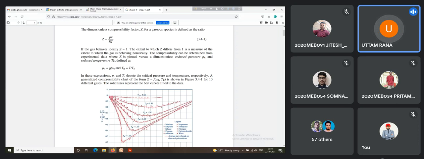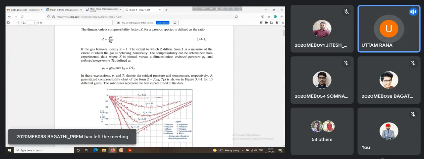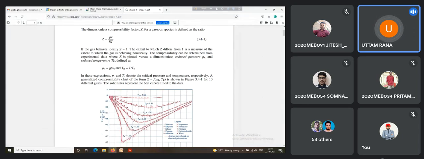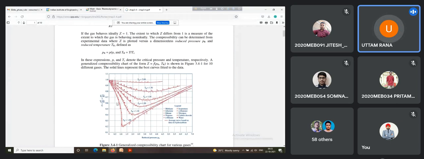Similarly, TC is constant for a particular gas, and if you increase T, TR will increase. So if you plot Z, the compressibility factor, along the y-axis, and the reduced pressure along the x-axis, for different values of the reduced temperature, we will get a set of curves like this.